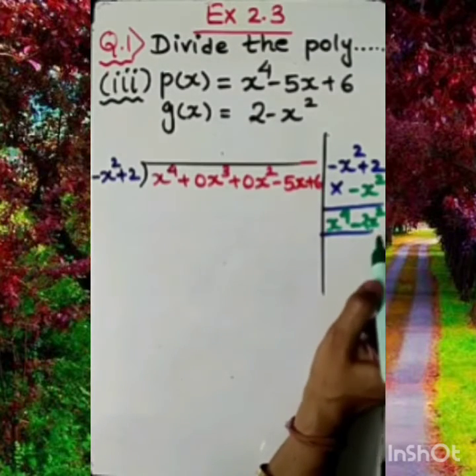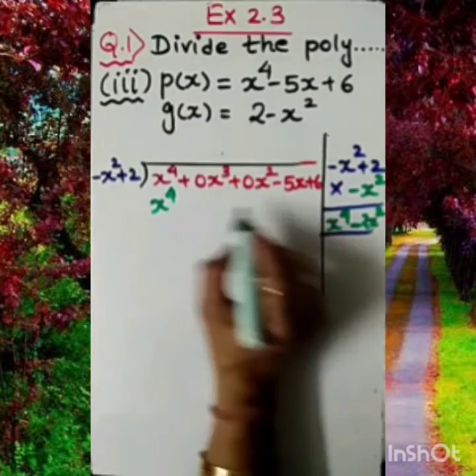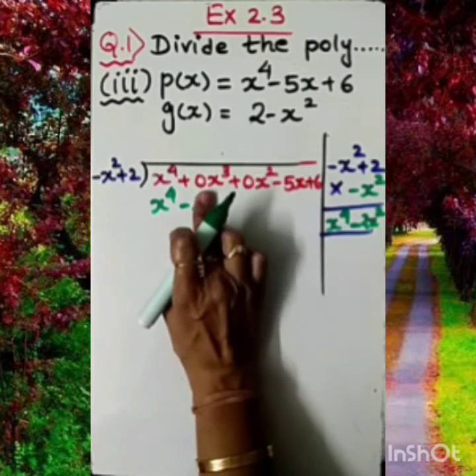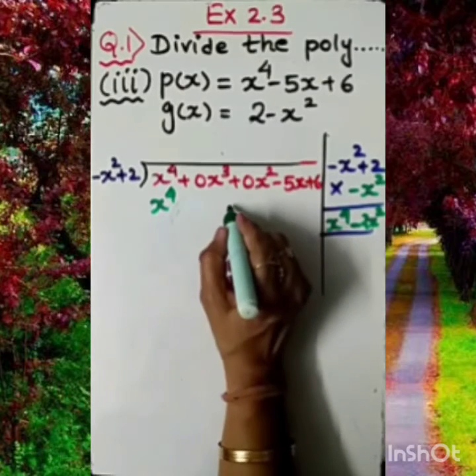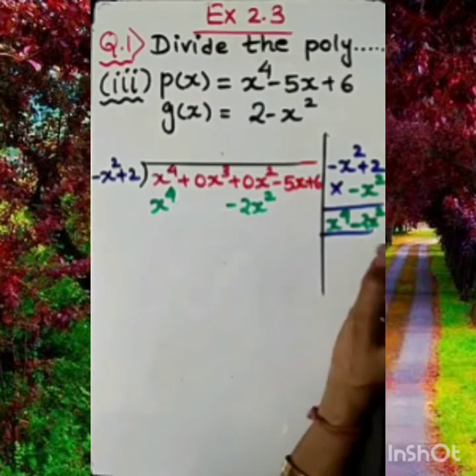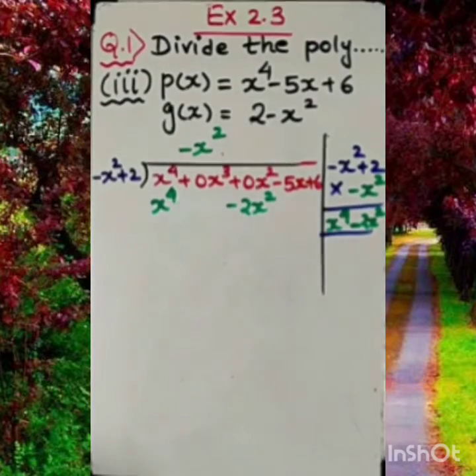Fine. Minus 2x square. Here x square is there, so I need to write under the square. So I am writing here minus 2x square. Now here I am multiplying with this, so let me write it here.